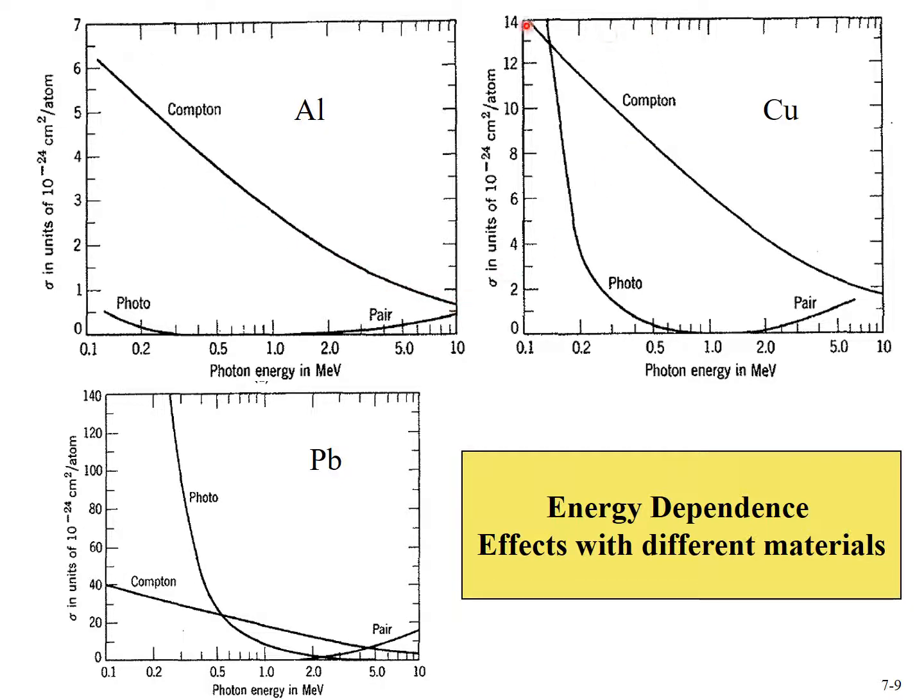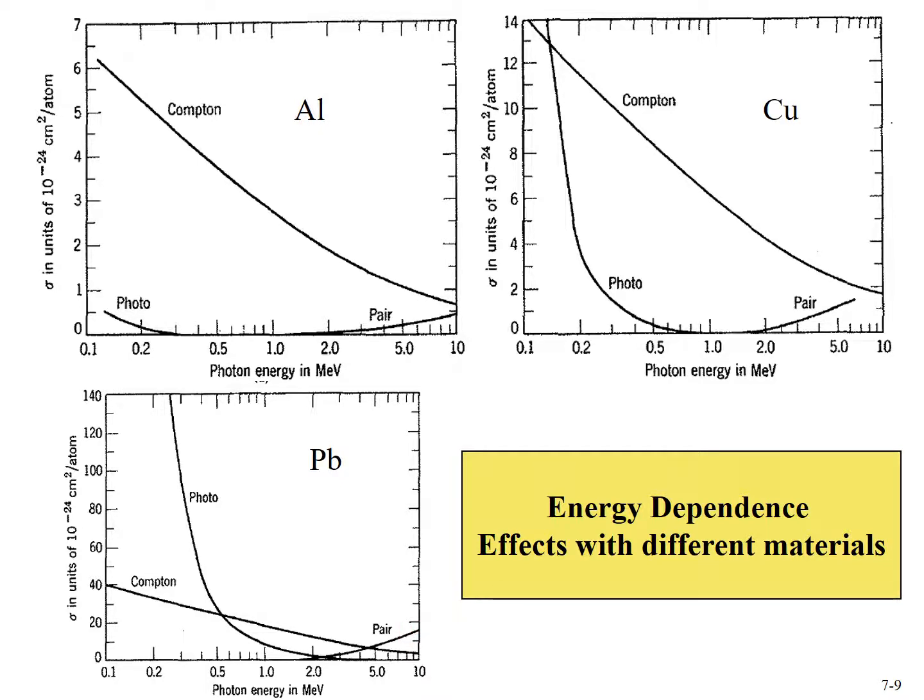For copper, the photoelectric effect is higher at the lower energies. And for lead, the photoelectric effect dominates at the lower photon energies. The Compton effect is dominant in the middle energies, and pair production is important at high energies.